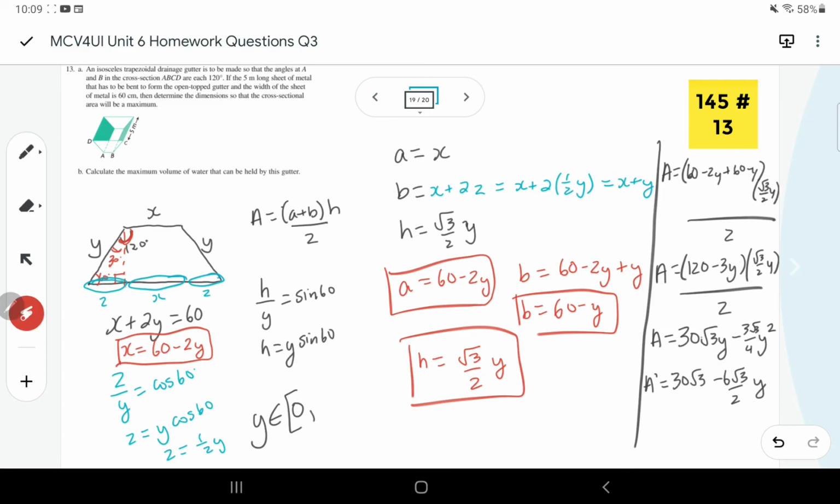You wouldn't have a very good area there. The biggest y would be 30 if you had half there and didn't have a bottom at all, if you squished in that base of the trapezoid so small that it would be a triangle.